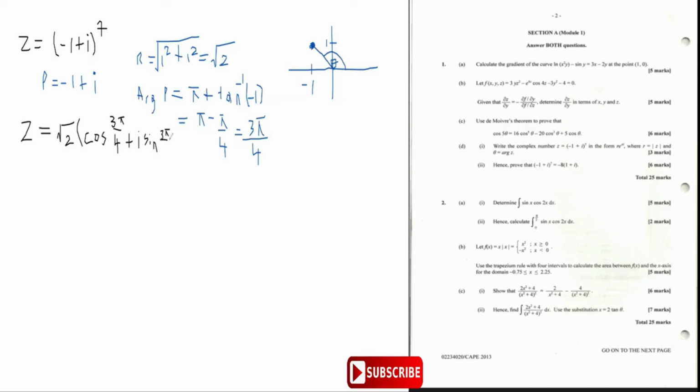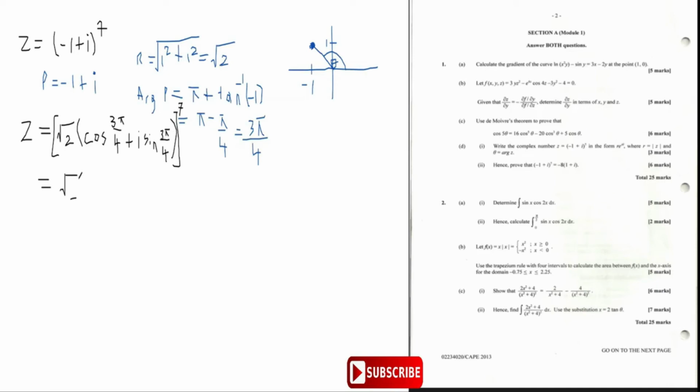And all of this is being raised to the 7th power, every little thing right here. So it's going to be root 2 to the 7th power, which I don't know what that is.